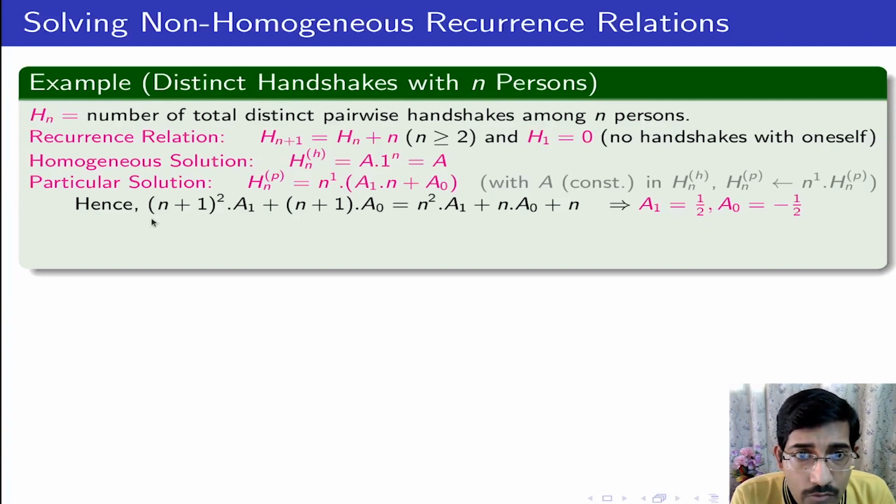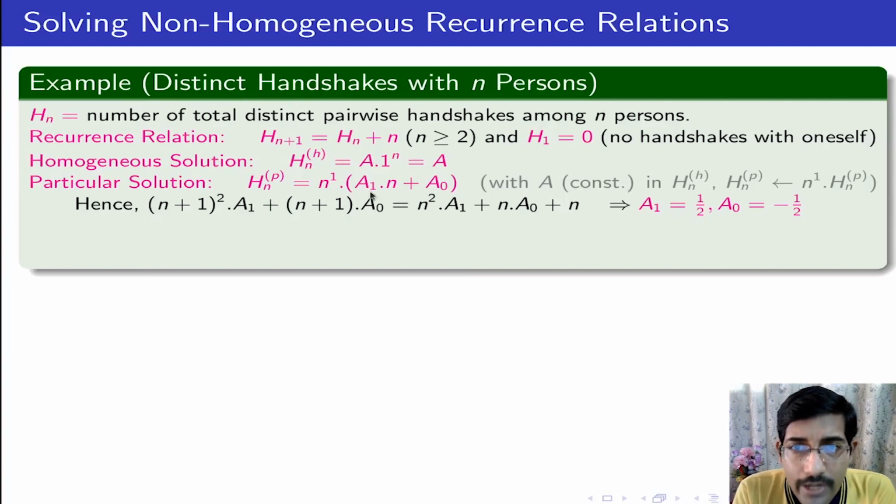But here a1 n square cancels out, right? So we only have 2n a1 plus n a0 equal to n a0 plus n, which gives me a1 equal to half. And if we look at the constant part, that is a1 plus a0 is equal to 0. So a0 equals minus a1, which is minus half.